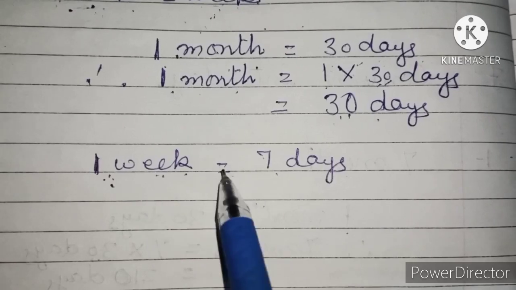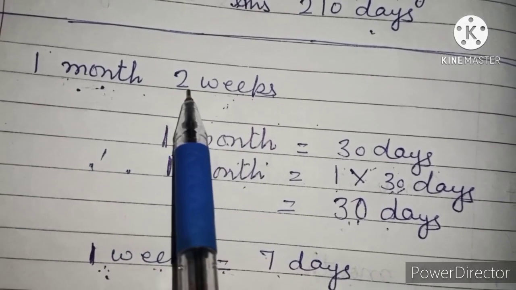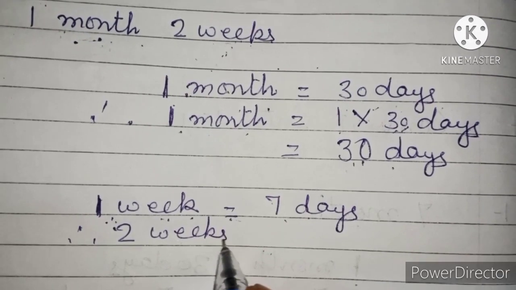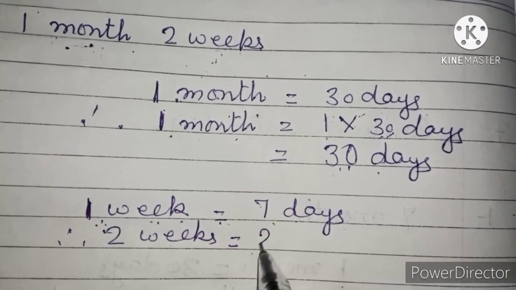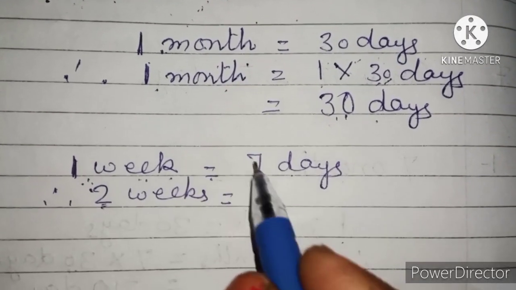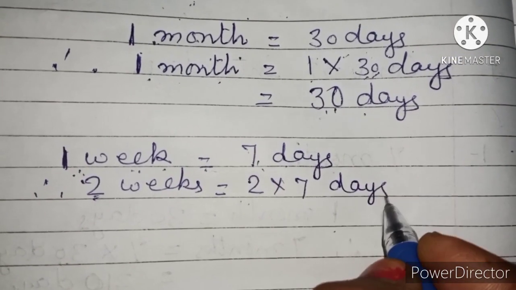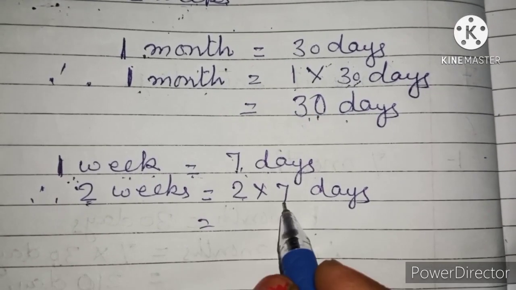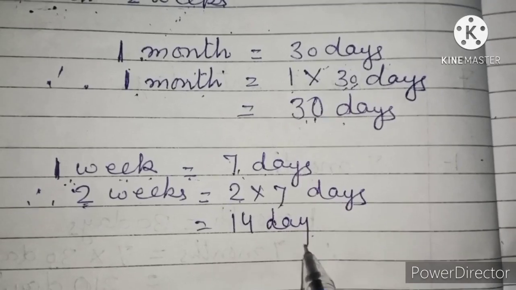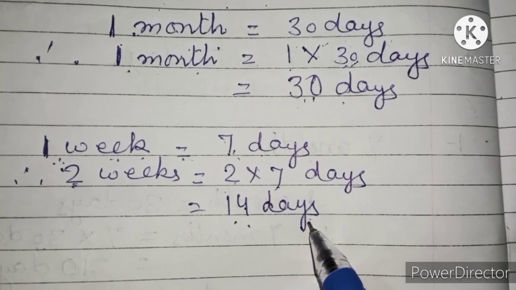As we know, 1 week is equal to 7 days, so 2 weeks is equal to 2 multiplied by 7 days. 2 sevens are 14. So the answer will be 14 days.